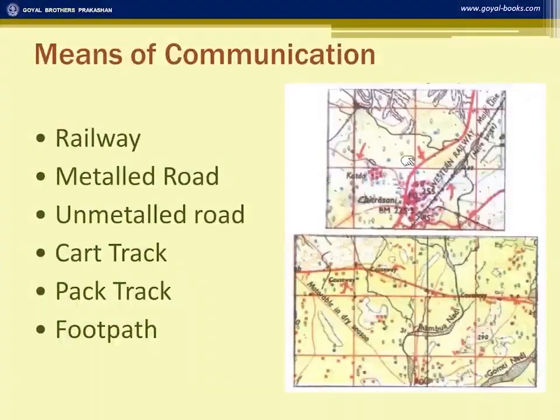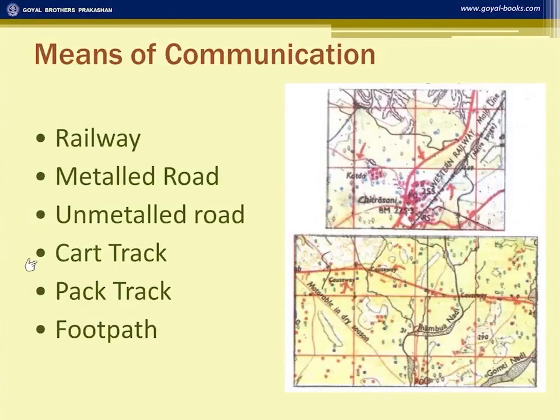It shows the area is progressive and well connected with different towns. So trade is promoted. Unmetal road is where it is Kacha road and people are only traveling on the Kacha road. That is called an unmetal road.